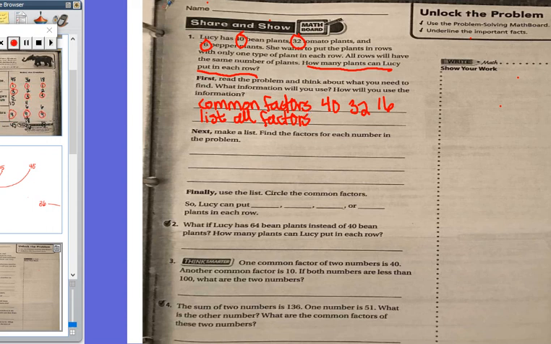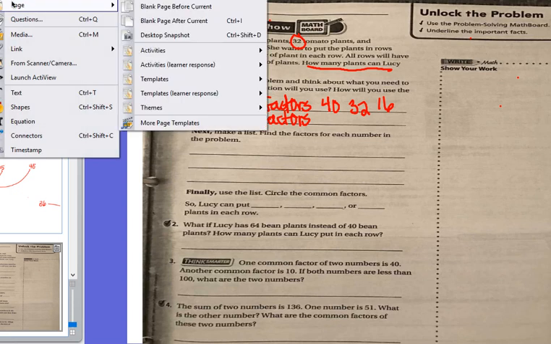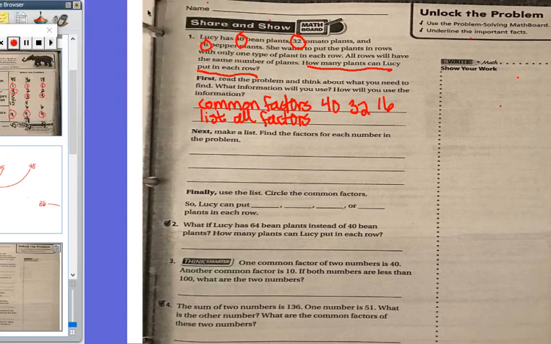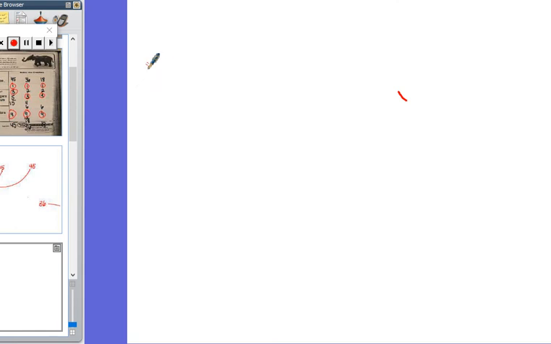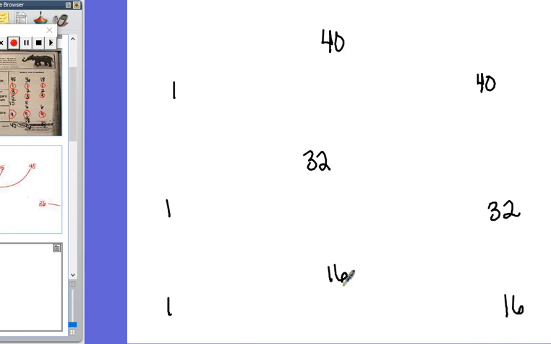I'm going to insert another page, and I'm going to write 40, 1 and 40, and 32, 1 and 32, and then my last one was 16, 1 and 16, I'll put 16 up here.